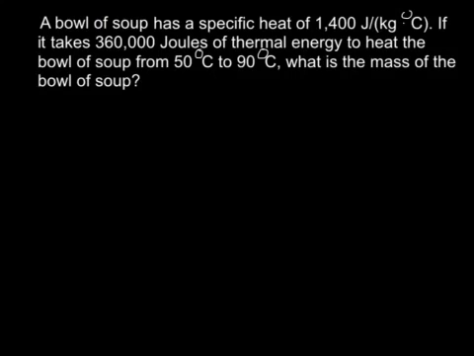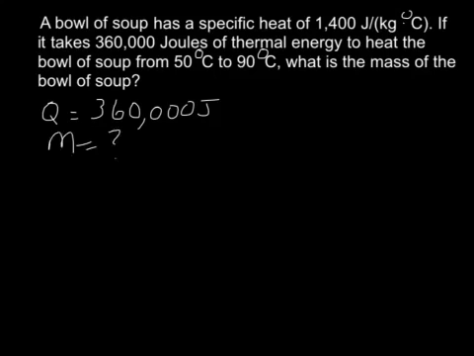Alright, so we know that the thermal energy is 360,000 joules. We don't know what the mass is yet. We know that the change in temperature is 40 degrees because 50 plus 40 equals 90.